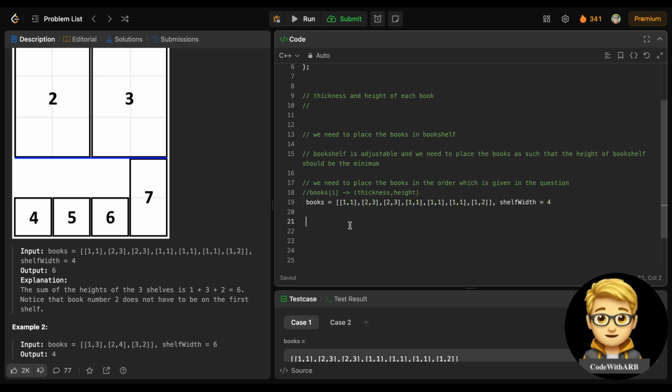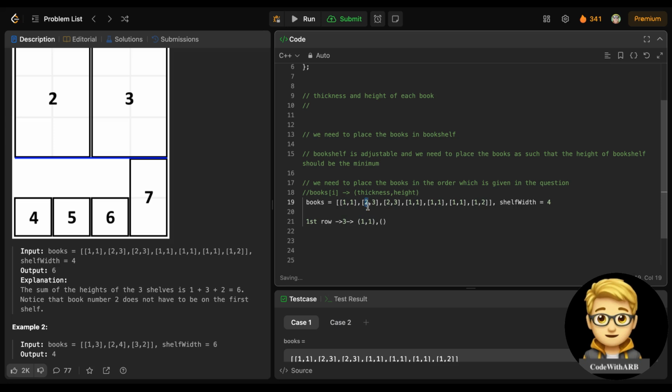The first possibility is that you place, in this first row of the bookshelf, the first book with thickness 1 and height 1. The first book takes 1 width, so the remaining row width becomes 3. Can you put the second book?